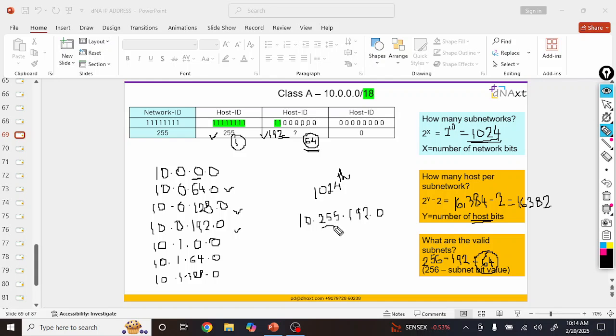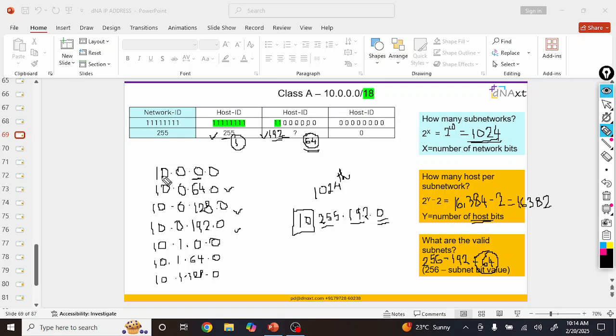You will always get the subnet bit value in the octets where you are doing increments. Okay, the major network octet you will not disturb, and in the host octet you will do the increment while writing the number of hosts.